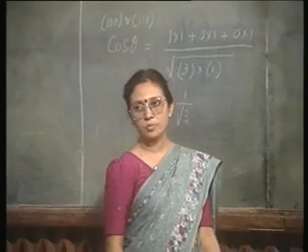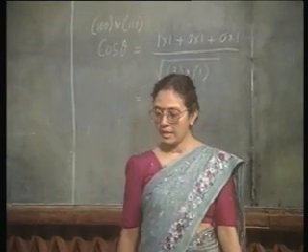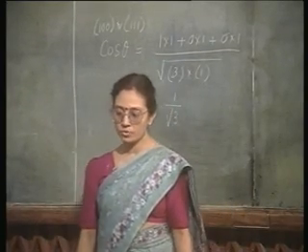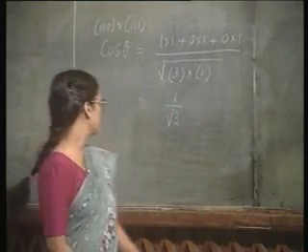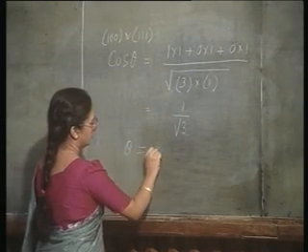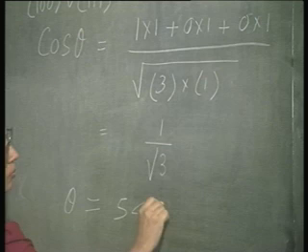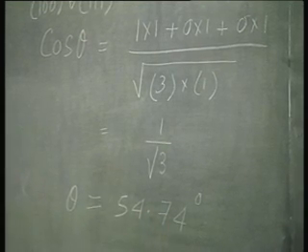Cos theta is going to be 1 upon root 3. This works out to be an angle of 54.74 degrees approximately. 54.735 or something, 54.74 degrees.